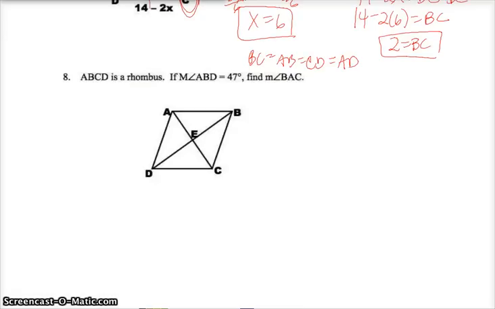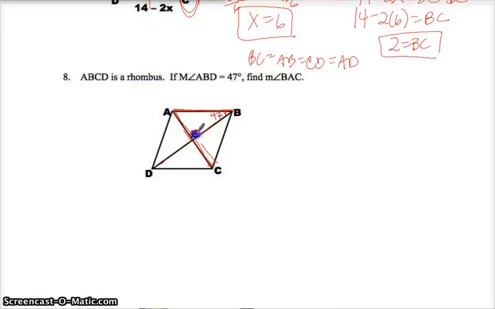And finally, ABCD is a rhombus. If the measure of angle ABD is 47 degrees, so right here, find the measure of angle BAC. Okay, so how am I going to do that? Well, I would go with a triangle sum, right? Because here in a rhombus, how do these diagonals intersect each other? They intersect each other at 90 degrees. They're perpendicular bisectors.